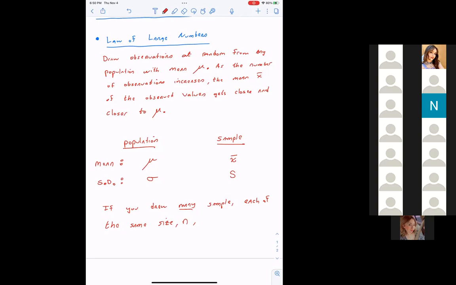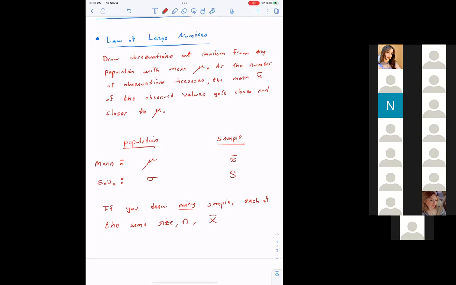No. Probably not. Which means that x bar itself and S each have their own distributions. Because remember what a distribution is.